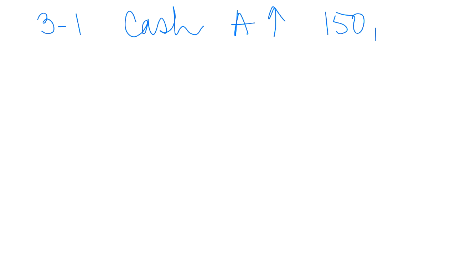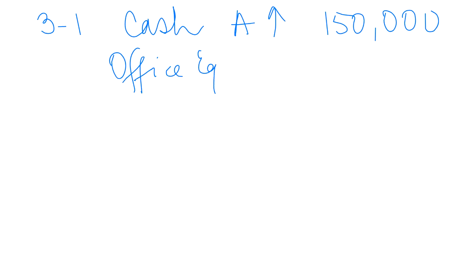What happens in this case is that the company will get cash, $150,000. So cash is an asset account going up. It would go up $150,000. And then office equipment, which is another asset account going up, will increase $22,000.